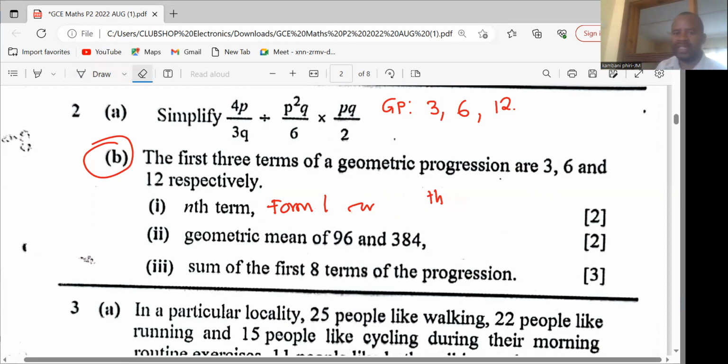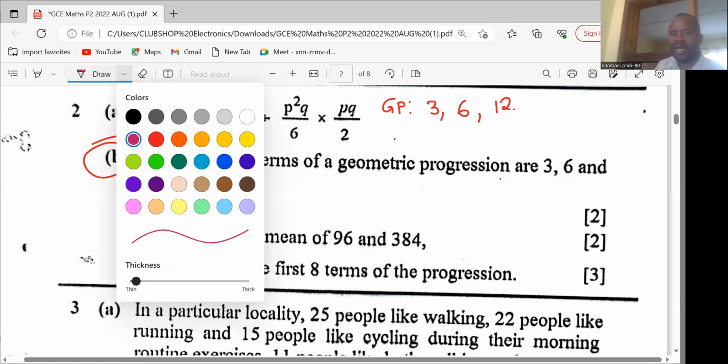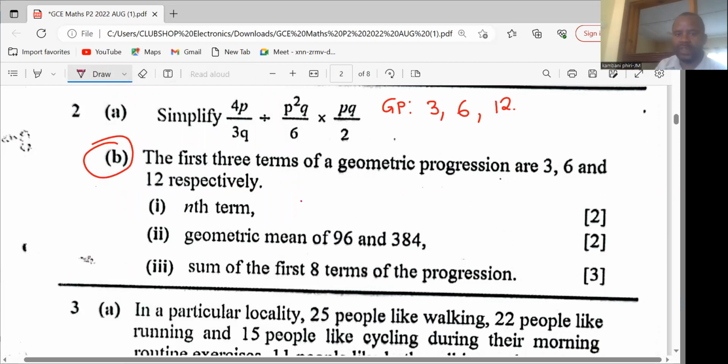To find the formula for the nth term, we use the general formula for any GP, the nth term of a GP, which is T subscript N is A R to the power N minus 1, where A is the first term, which is T1, R is the common ratio, and N is the position.